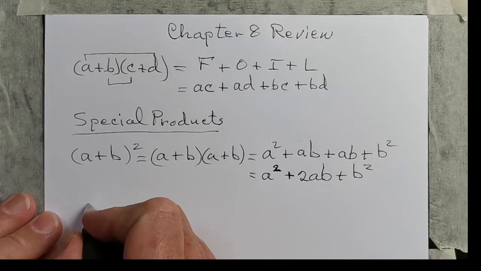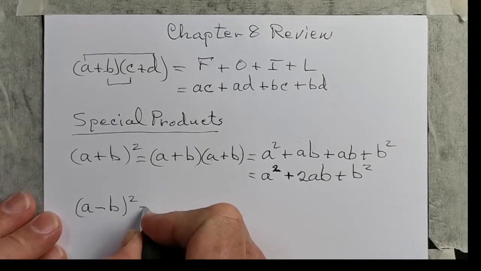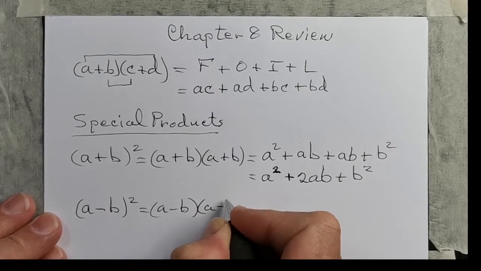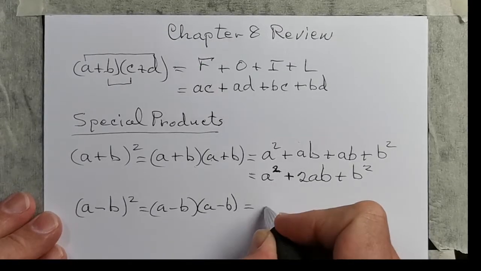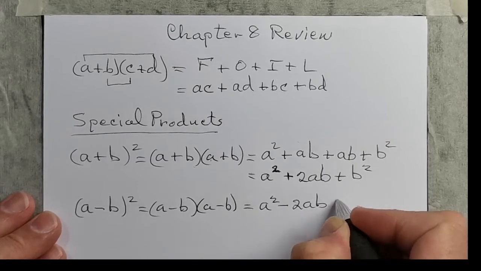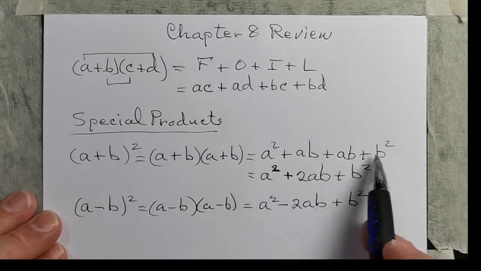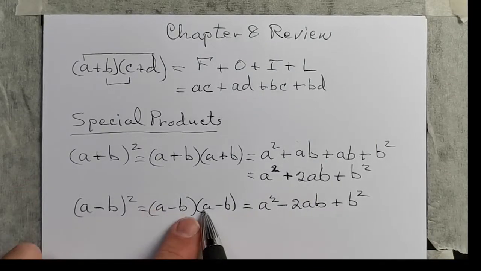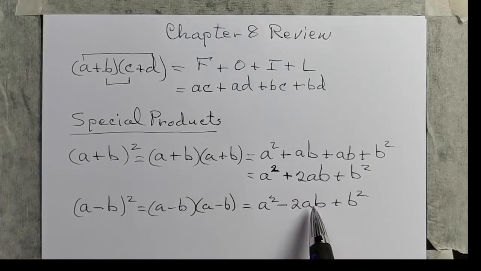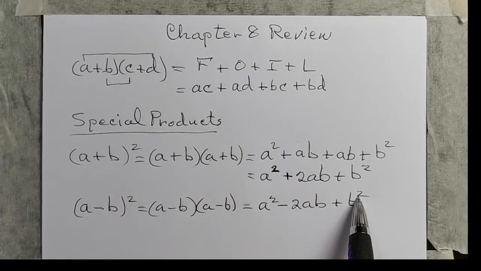The next one is almost the same, except it's a minus b quantity squared, which is a minus b times a minus b, which equals a squared minus 2ab plus b squared. I'm not going to go through the steps there, but outer and inner gives minus 2ab. And of course, negative b times negative b is positive b squared.